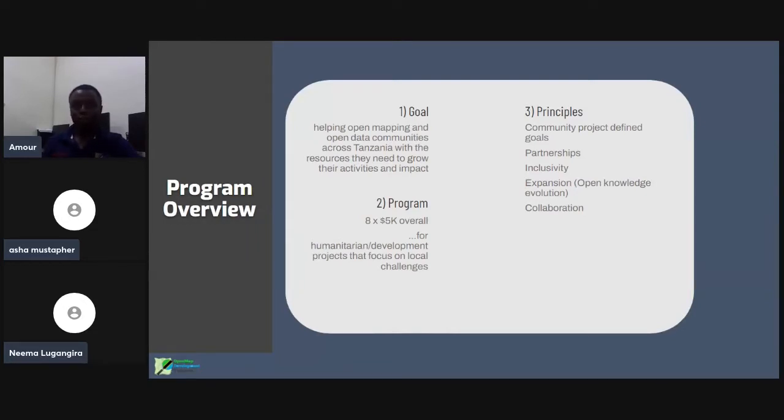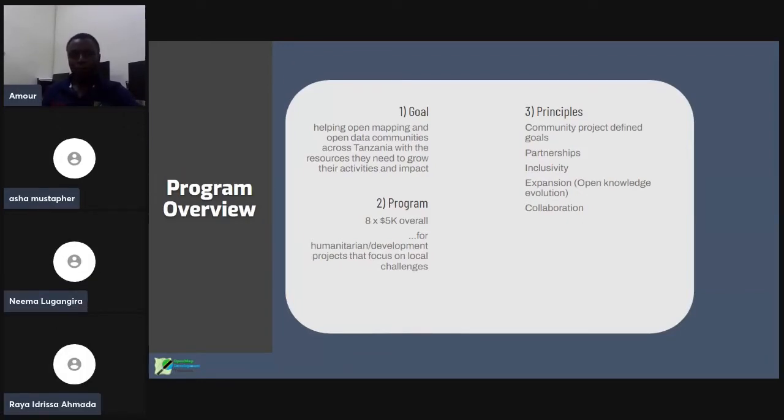in the implementation of the project. And they also wanted communities with expansion ideas. I mean, to have open knowledge evolution, to expand this open mapping, OpenStreetMap, to a different number of people.